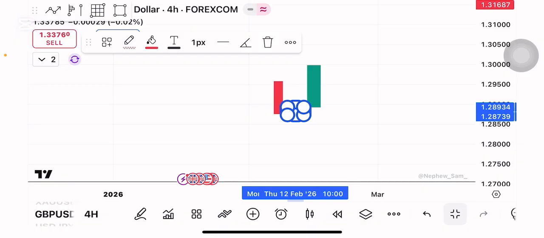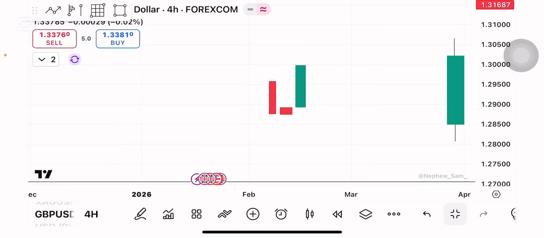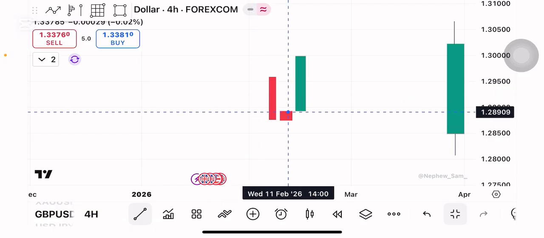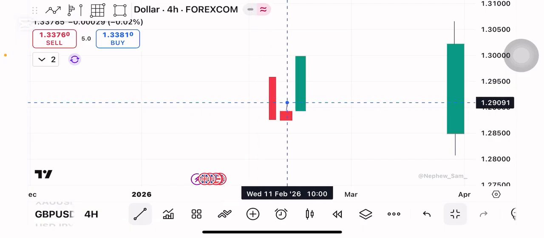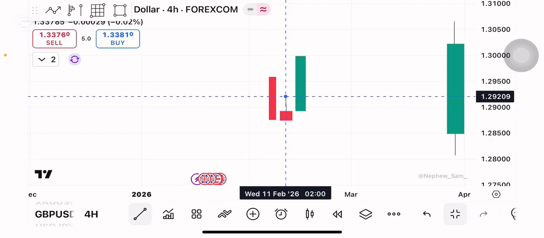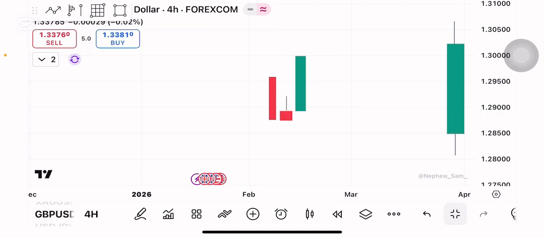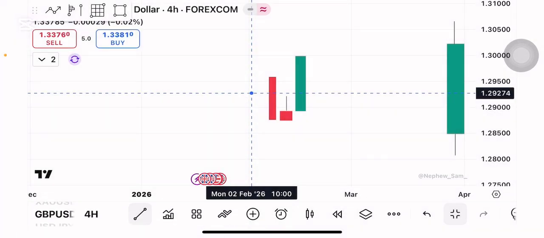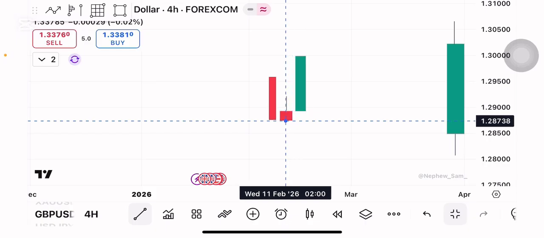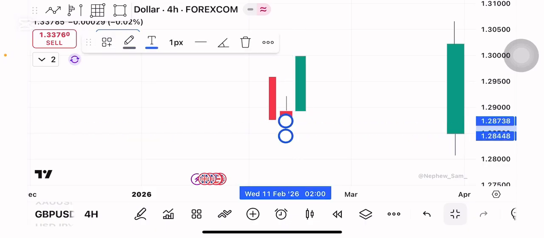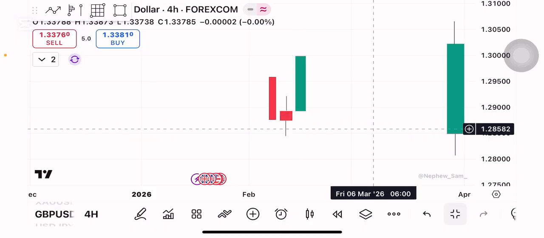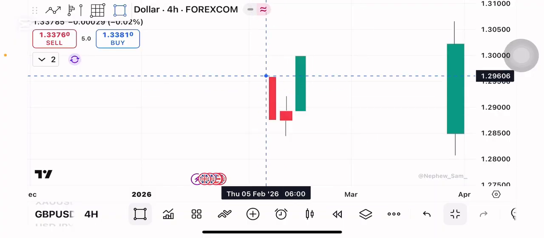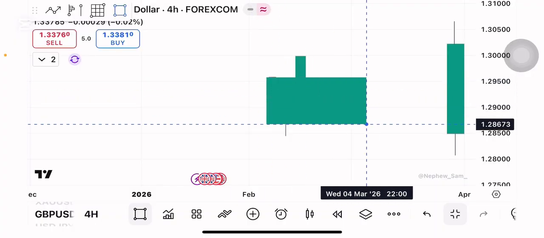Sometimes it can be like this. So this is our morning star. You're placing your entry from this region.